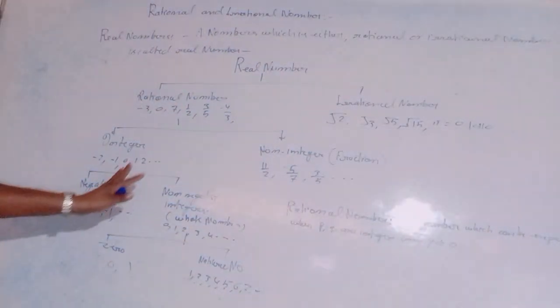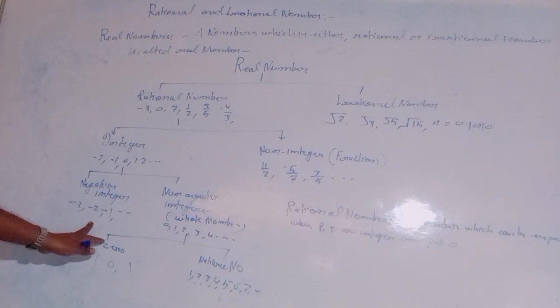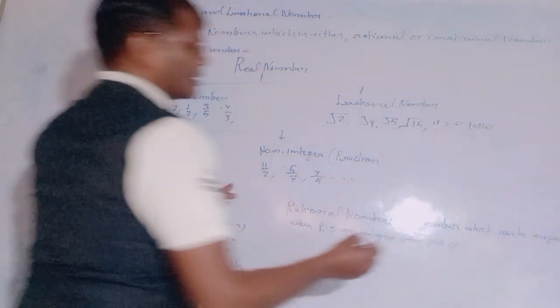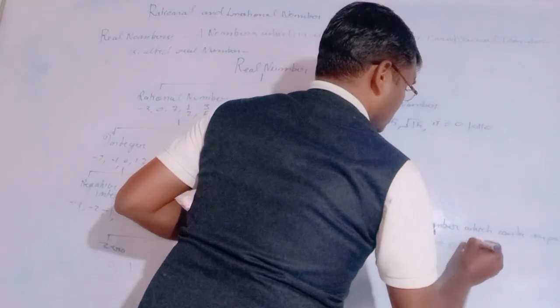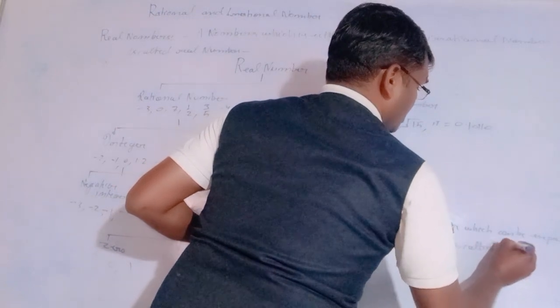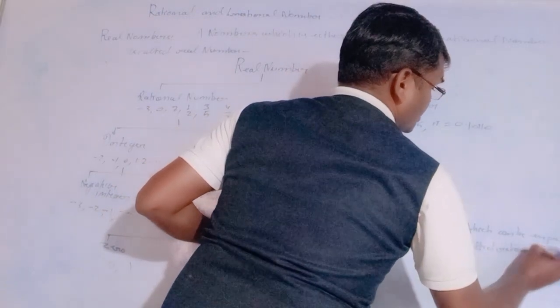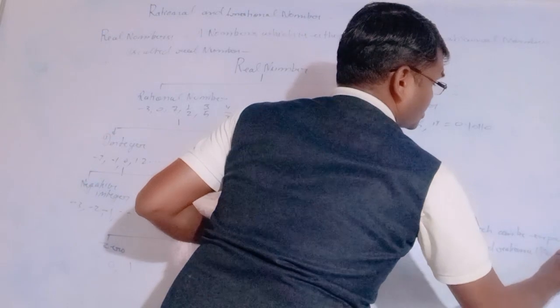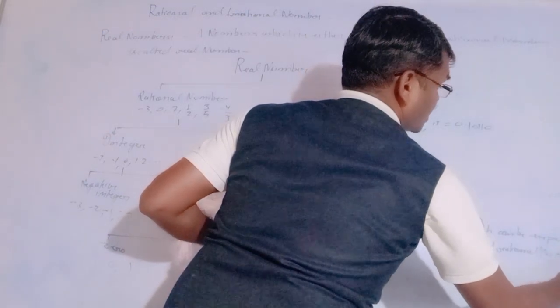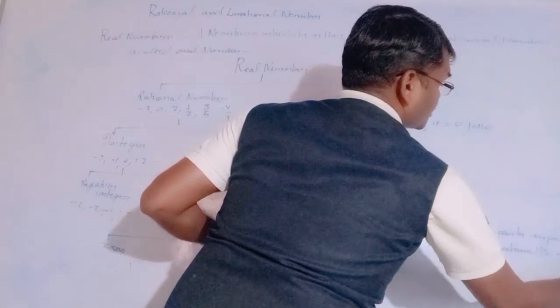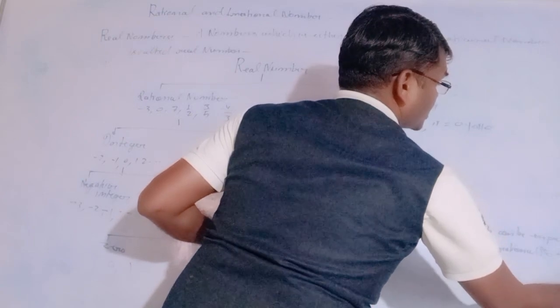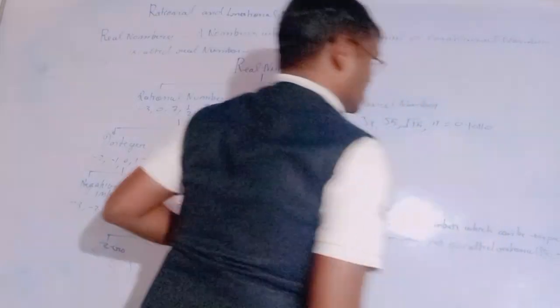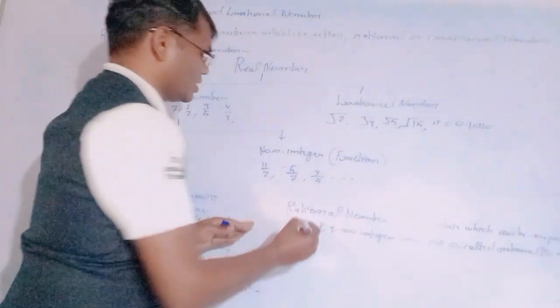These are called rational numbers. Examples: 1 by 2, minus 3 by 5, 6 by 1, 6 by 7, etc. These are rational numbers.